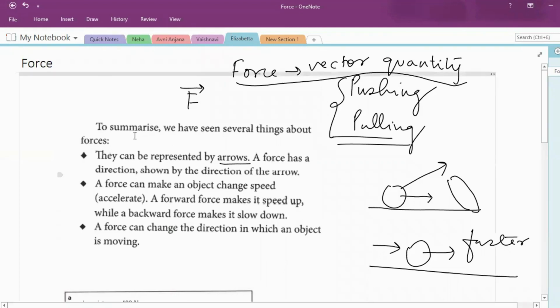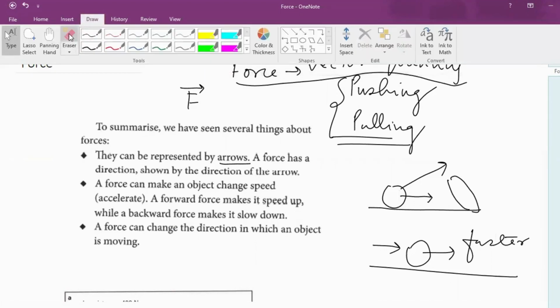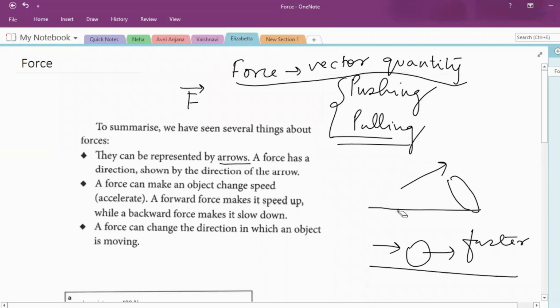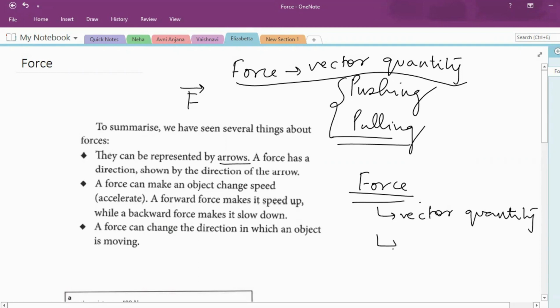Now, whenever we discuss any quantity in physics, it's also important for us to talk about its unit. So now we'll briefly talk about that. You've understood what force is. Now we saw that force is a vector quantity. Okay. And do you know what's the unit for force?